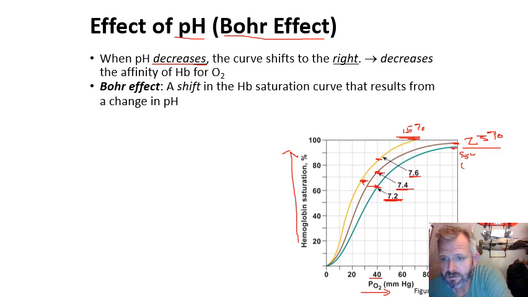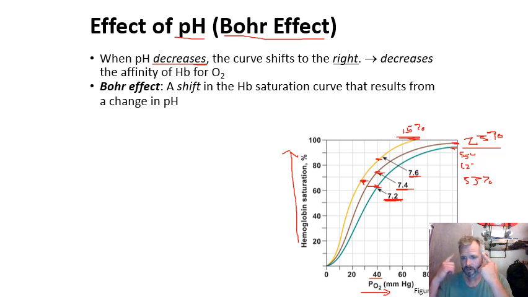So 95 minus 62, we're at 33% of the oxygen unloaded. So what does this tell you? At a lower, more acidic pH, there is a lower affinity for oxygen. Hemoglobin has a lower affinity for oxygen and is more willing to unload.